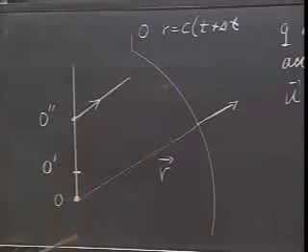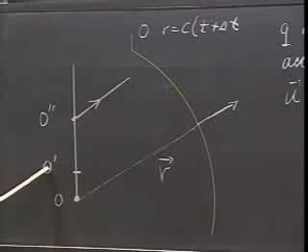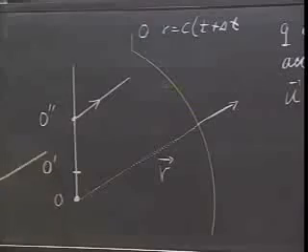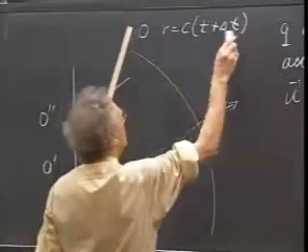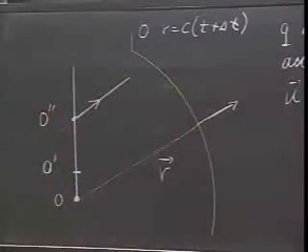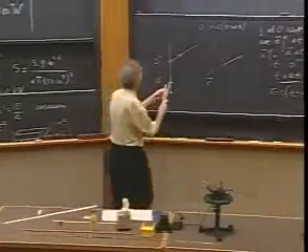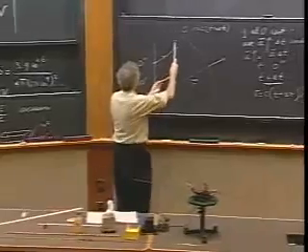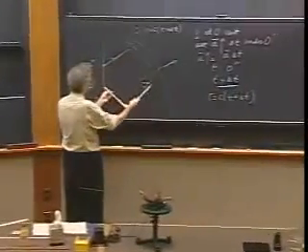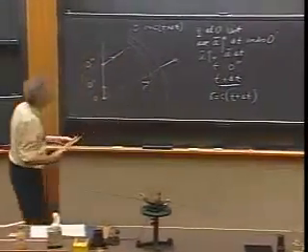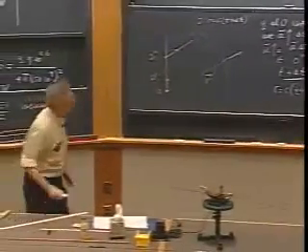outwards. And the world that knows about this is the world which has a sphere around O prime with a radius c times t. I'm going to draw another circle, which in reality is a sphere, about point O prime. This sphere here has now radius ct.